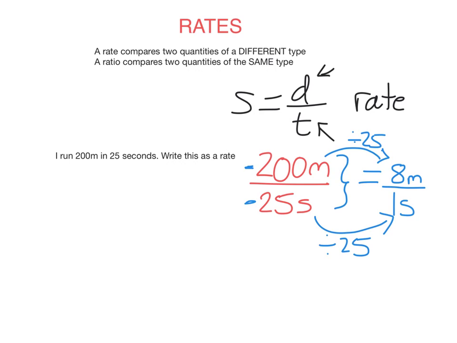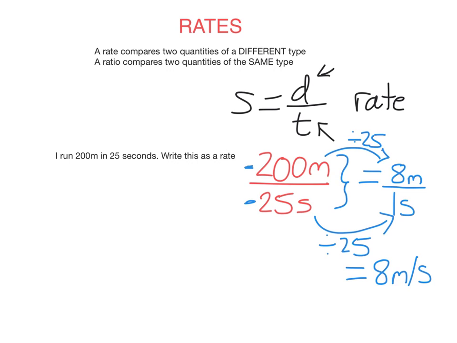So it's 8 meters per 1 second. What I've done to the top of the fraction, I've also done to the bottom. It's helpful to write it as a fraction when you're doing calculations. We usually write it like this though: 8 meters per second. That's a rate. It is comparing the distance I've travelled with the time.